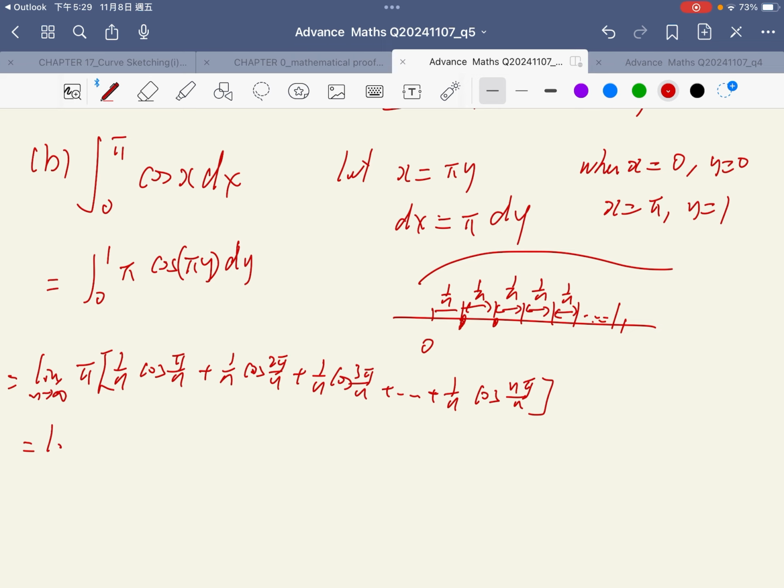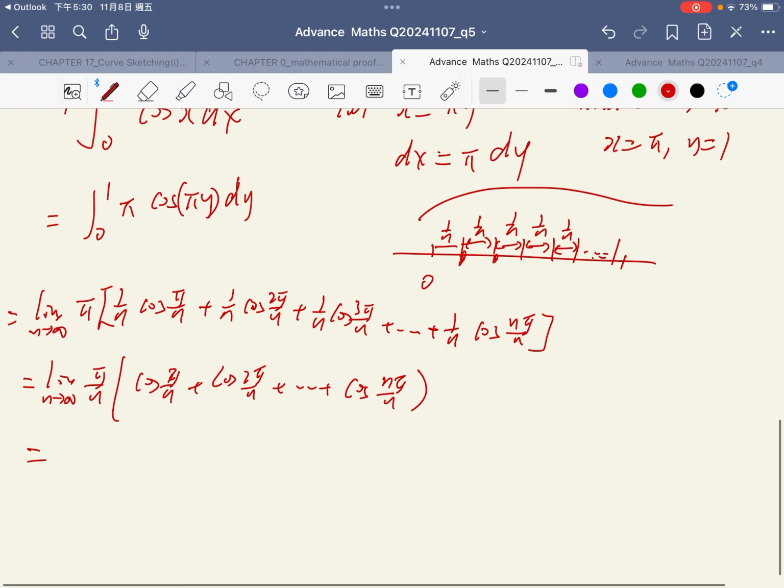I forgot the limit here. Factorize 1 over n outside: cosine pi over n plus cosine 2 pi over n, and so on to cosine n pi over n.